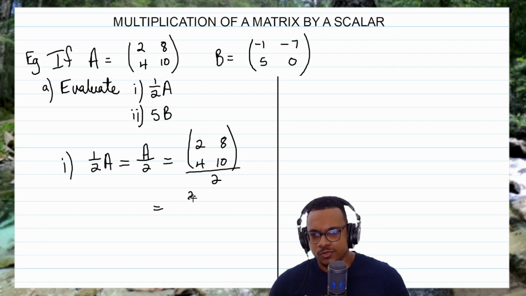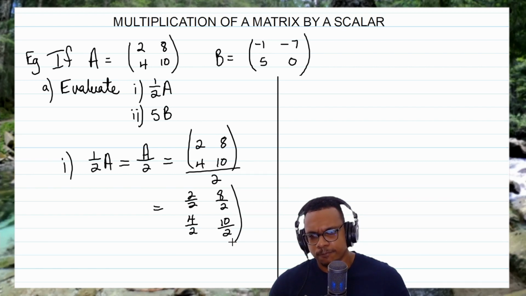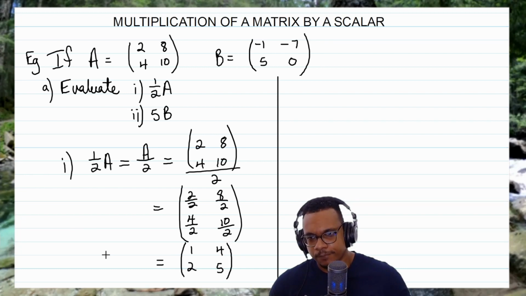So that'll be equal to 2 over 2, 4 over 2, 8 over 2, and 10 over 2. And that will give 1, 2, 4, and 5. So you can see that I divide each number in the matrix by 2.